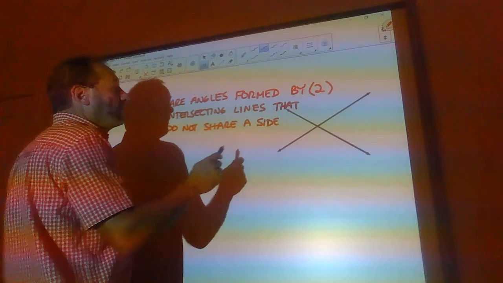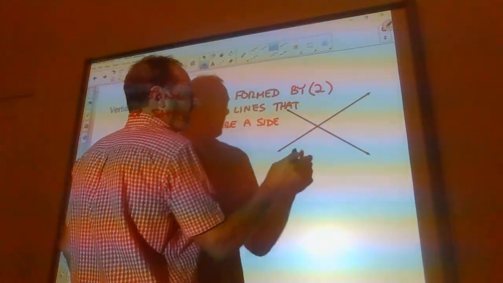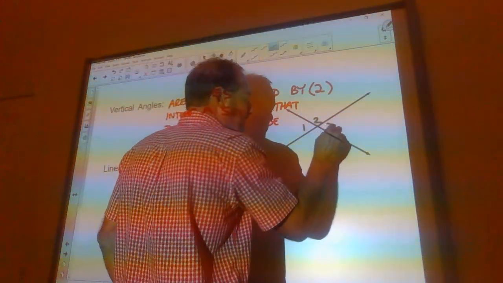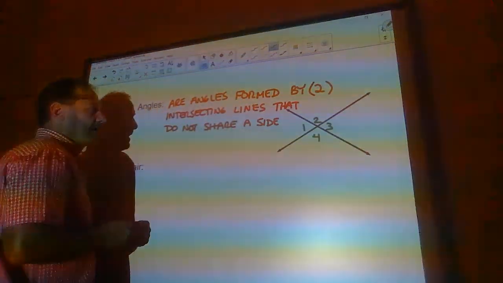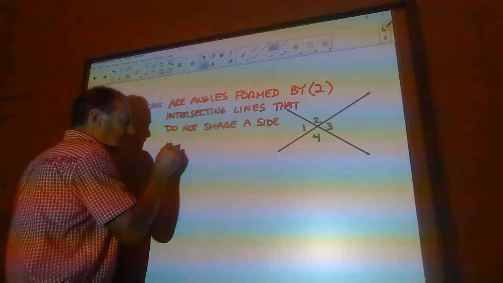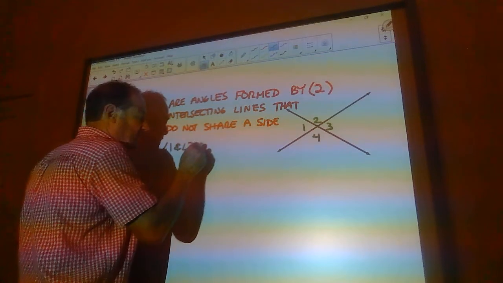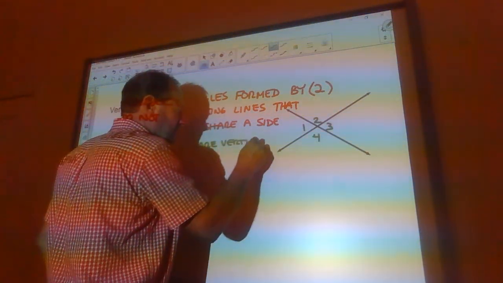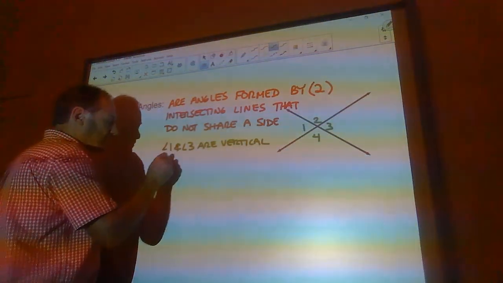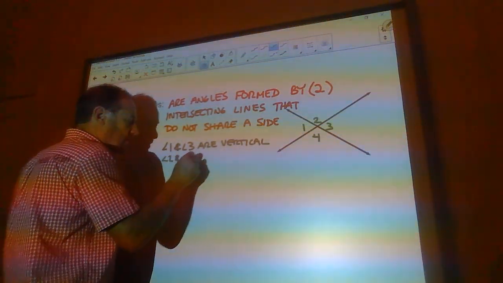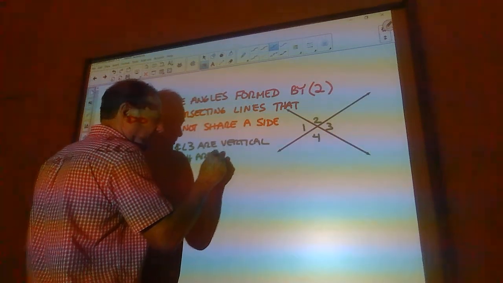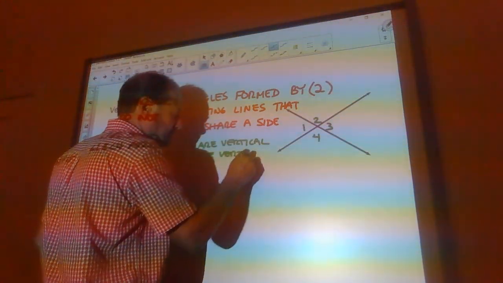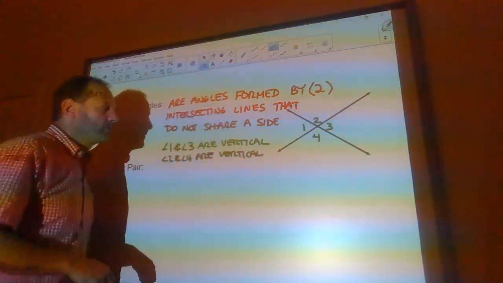Okay, so if I have this situation here, and I go ahead and I put these numbers in here, okay, angle 1 and angle 3 are vertical, and angle 2 and angle 4 are vertical. Okay?